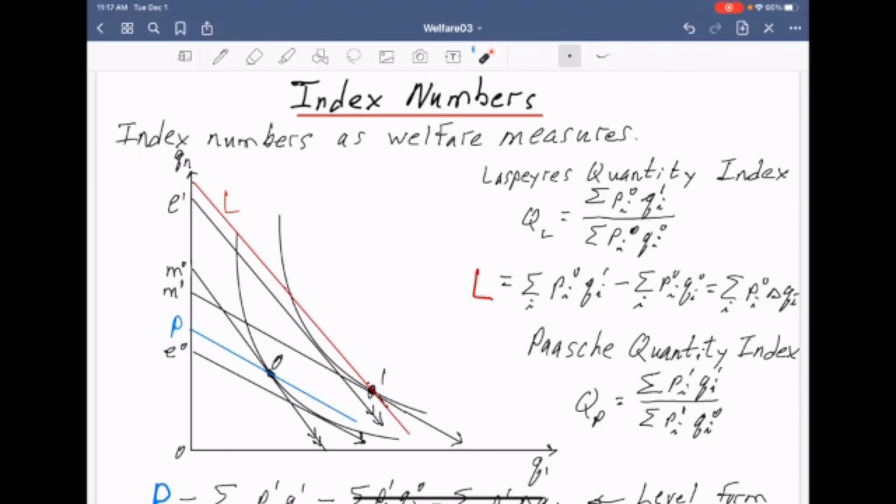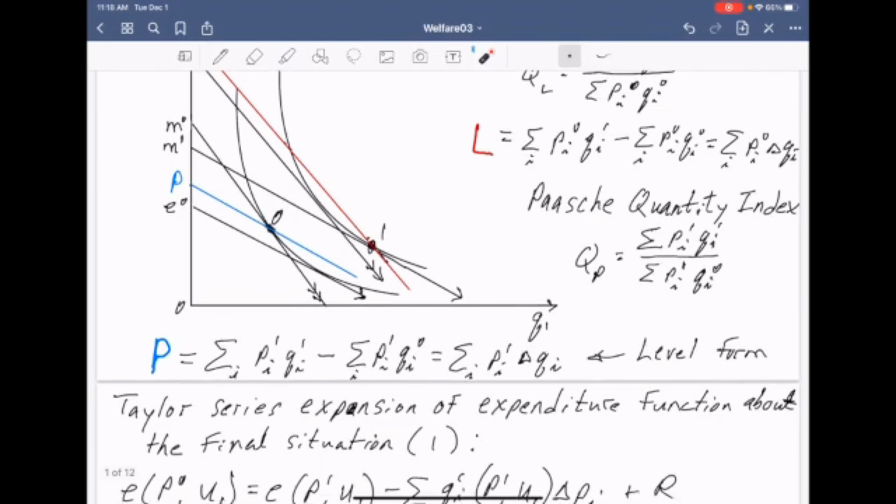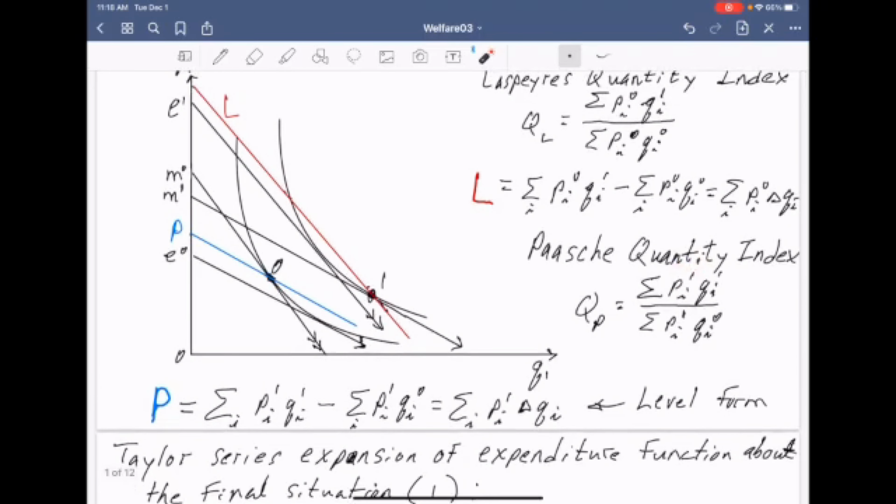Now we have an alternative index, which is the Paasche quantity index, which is very similar, except now everything is in terms of the prices in the future situation, 1. So it's given by the ratio of the sum of the prices in the future times quantity in the future divided by the future prices times the current quantities.